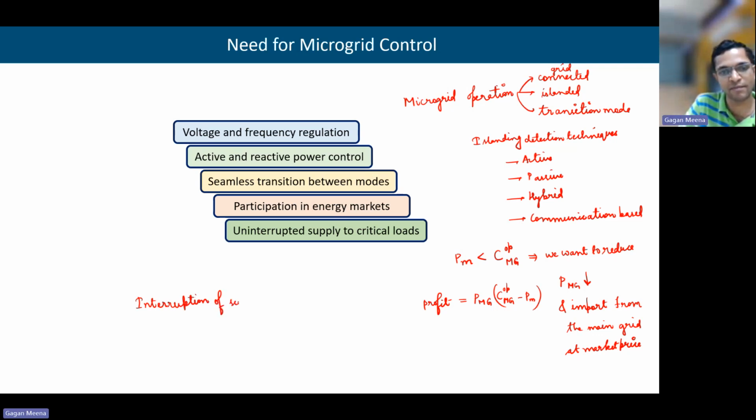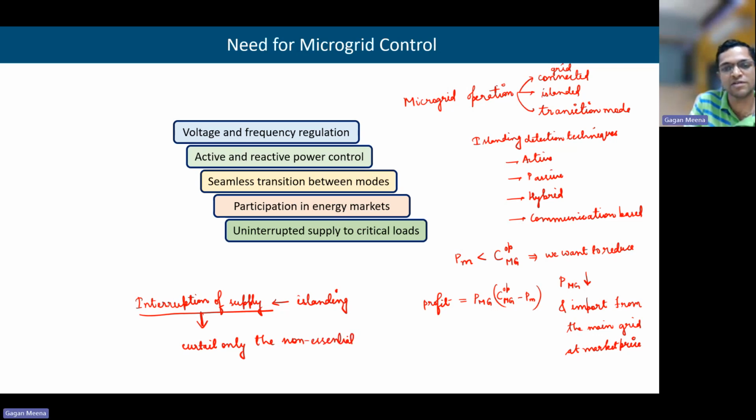Interruption of supply will be there in the case of islanding. So even if there is interruption of the supply, we want to curtail only the non-essential loads. We want to still serve the critical loads.